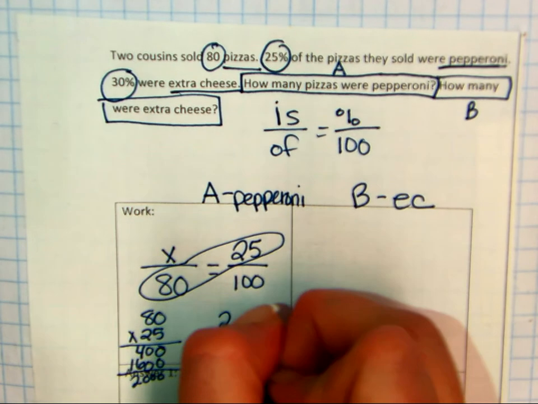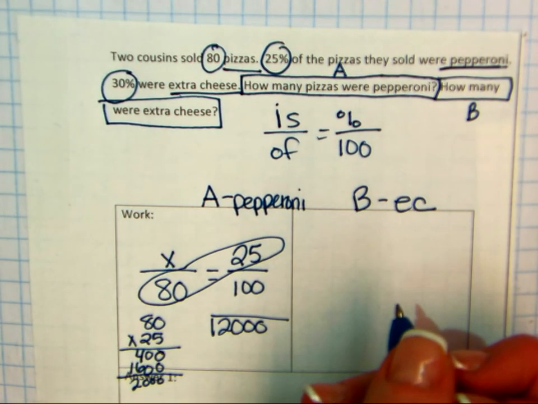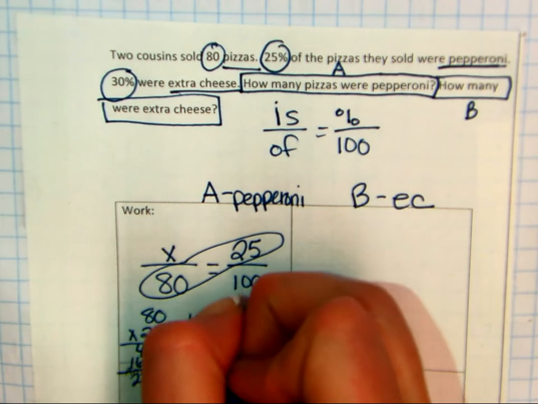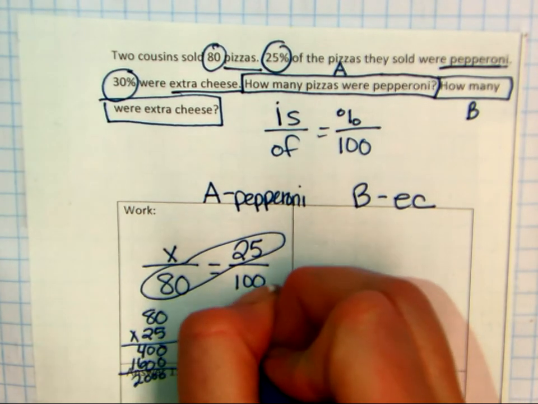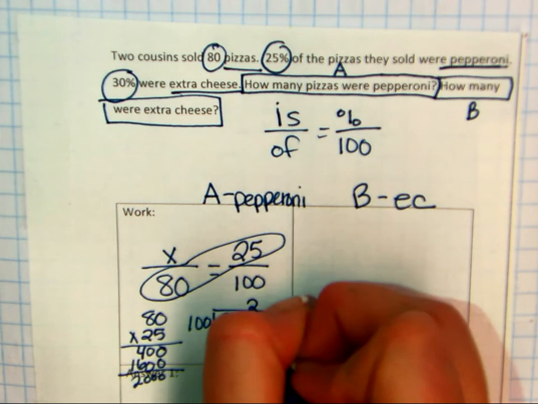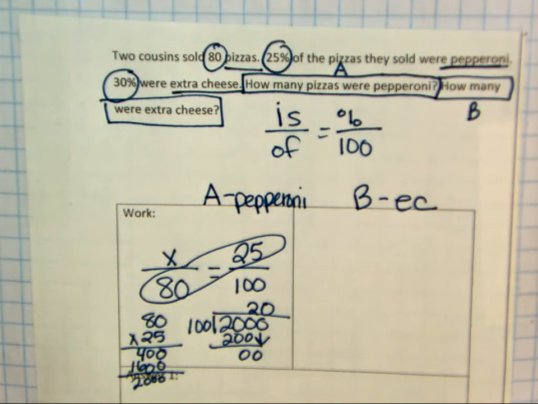And then 2,000 divided by what's left, we get divided by 100. 100 goes into 200 2 times, which is 200, subtract. How many times does the 100 go into 0? 0 times.